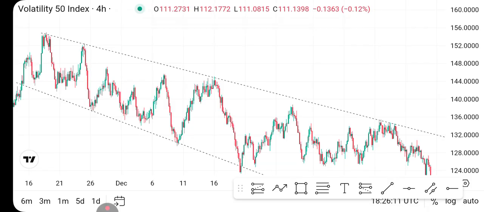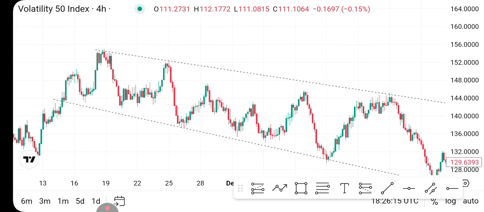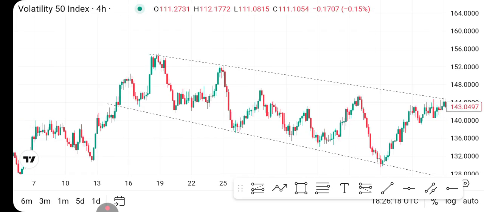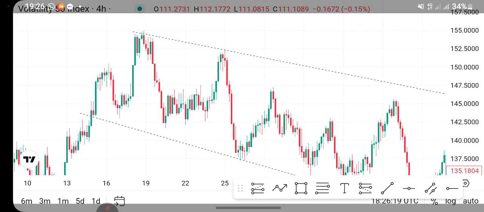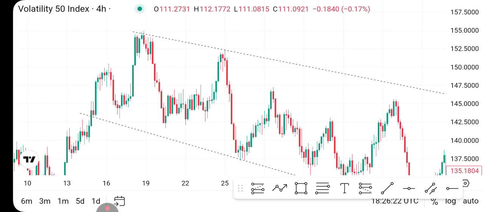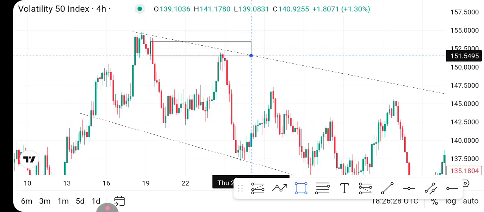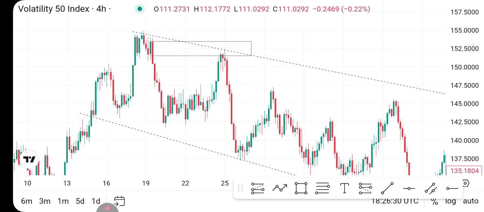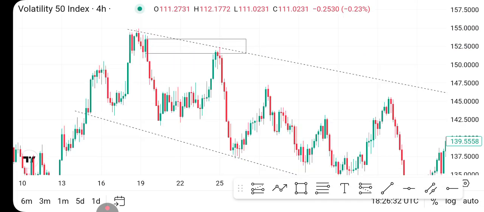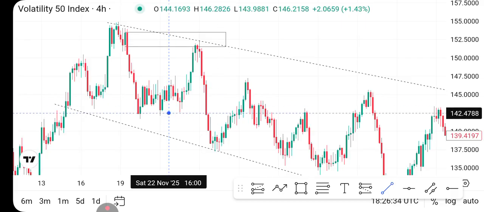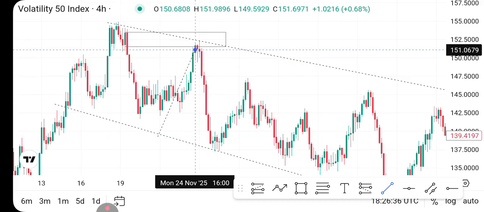You can use 4 hours, right? Get your bias or your range. So for instance, you have this range here where you expect the market will come into, I mean this order block where you expect the market to come into, and then you have this range from here to here.